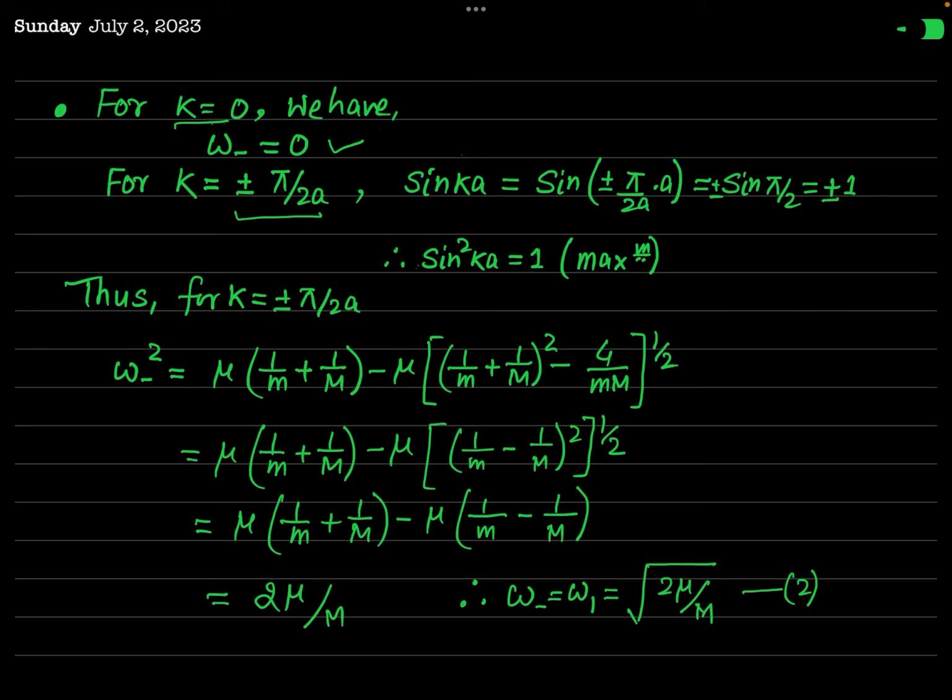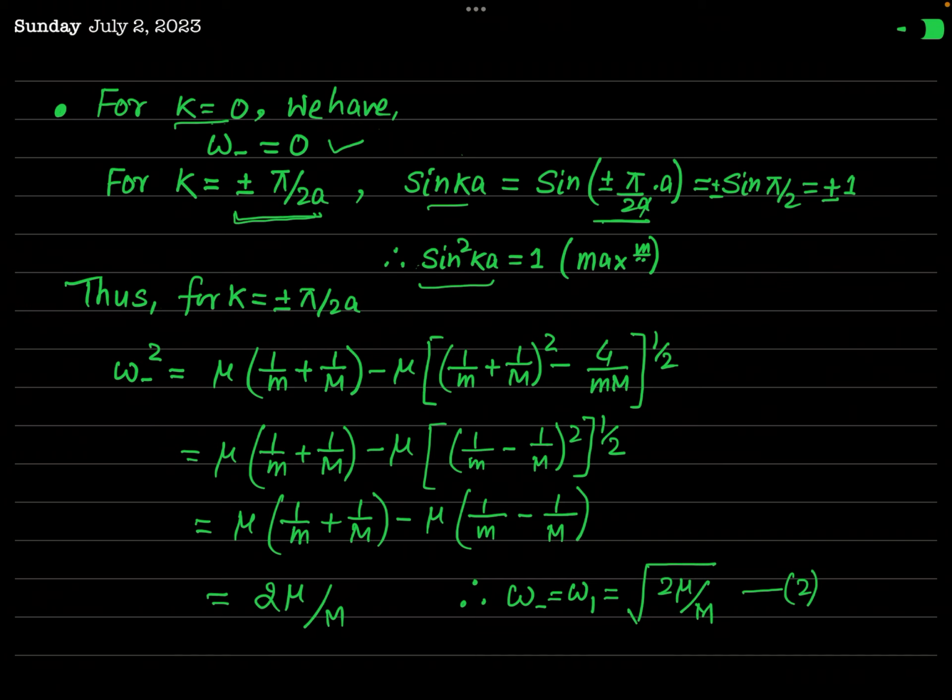And what will be that maximum value? You can easily find. So let us see what will be the value of this sine square ka when you take k equal to either plus pi over 2a or minus pi over 2a. You know, sine ka will be sine of plus minus pi over 2a times a.